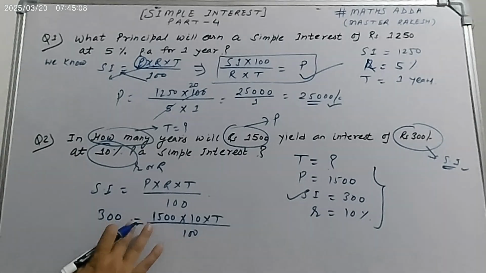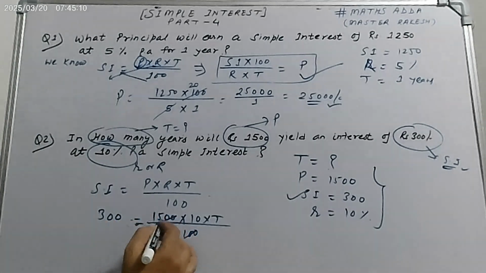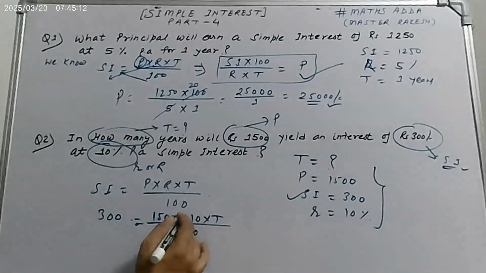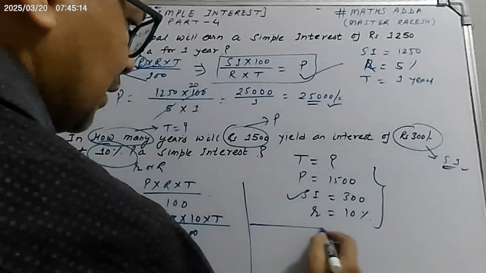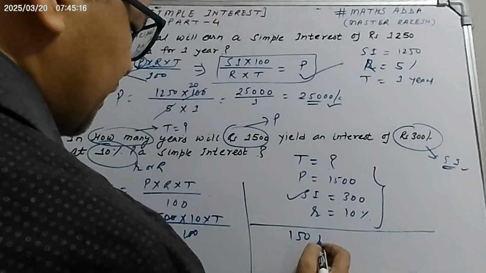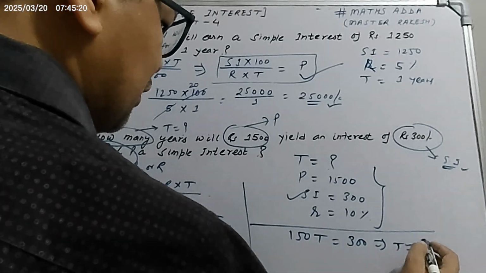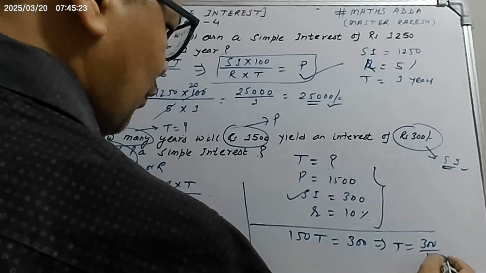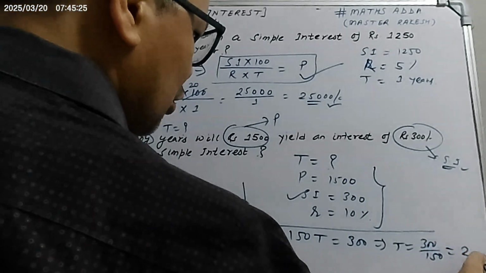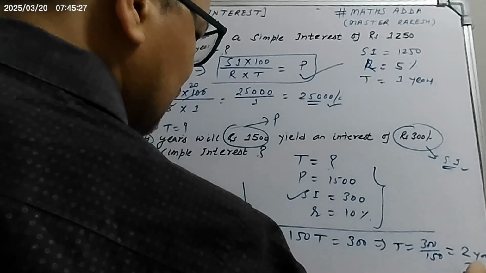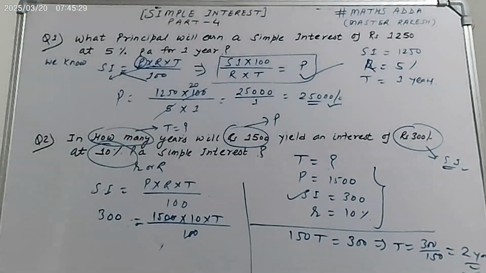Two zeros can cancel, 15 into 10 is 150, so 150 into T, 150t equal to 300, so t equal to 300 upon 150, which means 2. So t equal to 2 years. So in 2 years it will earn this interest.